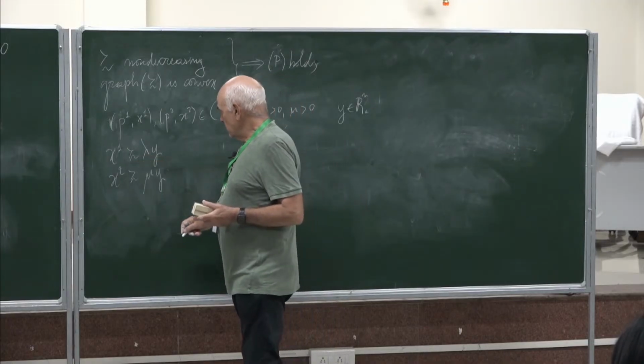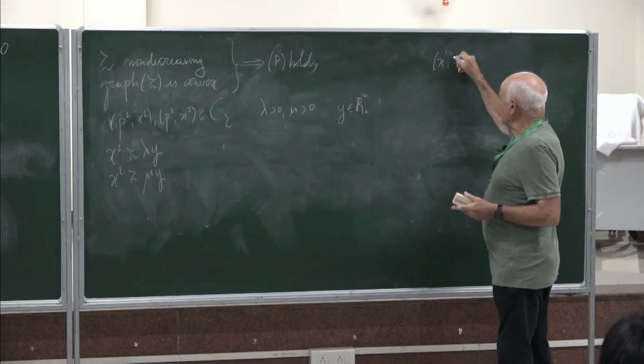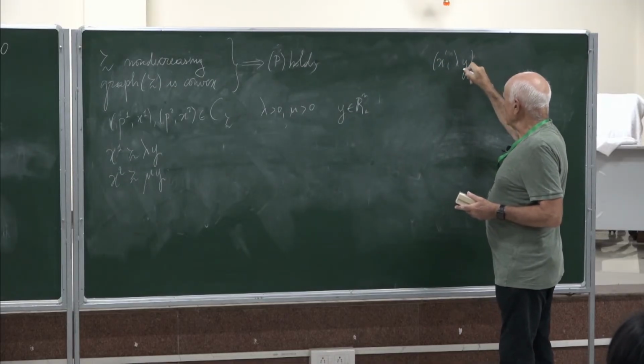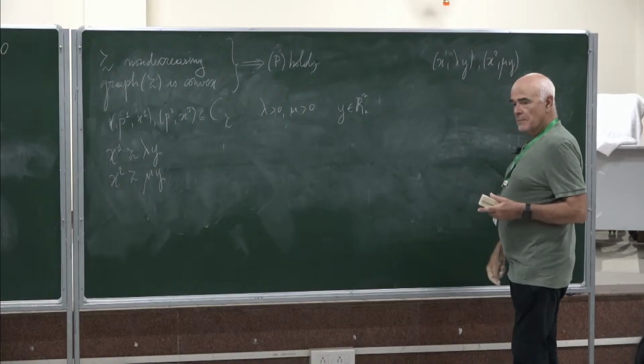Then, of course, x1 lambda y, and x2 mu y are in the graph.